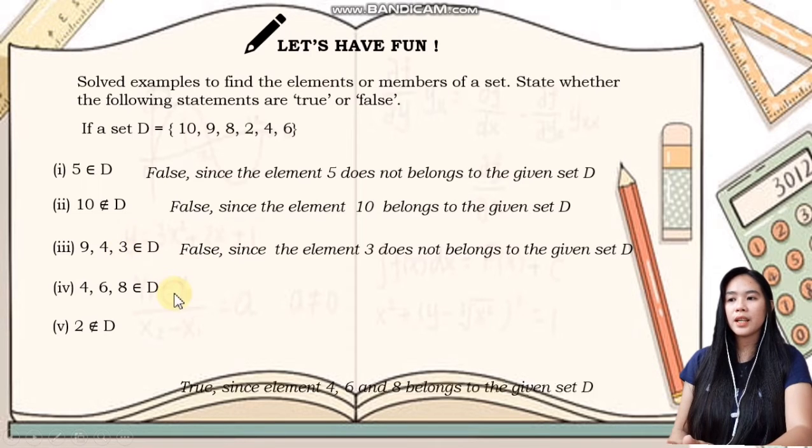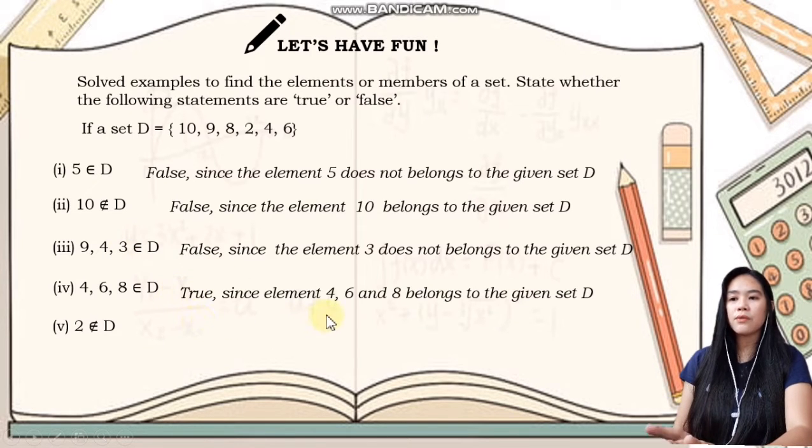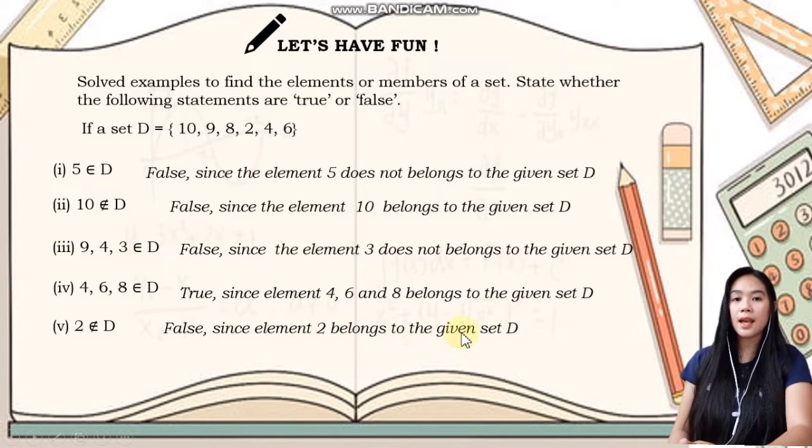So, number 4 is true, since elements 4, 6, and 8 belong to the given set D. And last, number 5 is false, since element 2 belongs to the given set D.